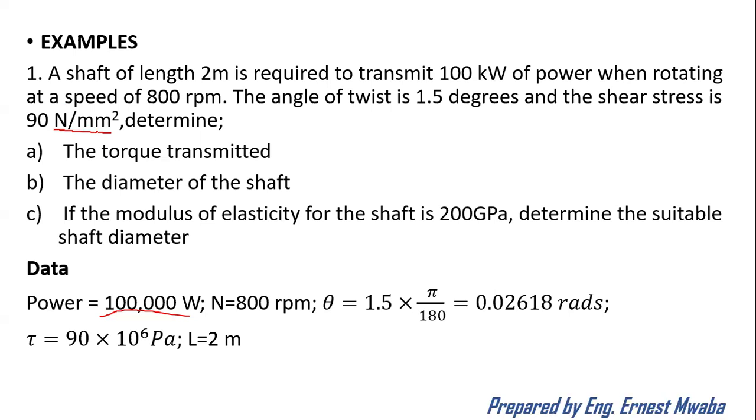It's 1,000 squared. We divide by 1,000 squared, meaning we end up multiplying by that. So in the end, it's as good as 90 times 10 raised to the power 6. The length of the shaft we've been told is 2 meters. So with this information, we have all the details that we have been provided with.